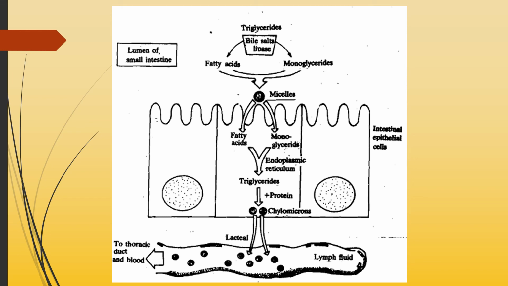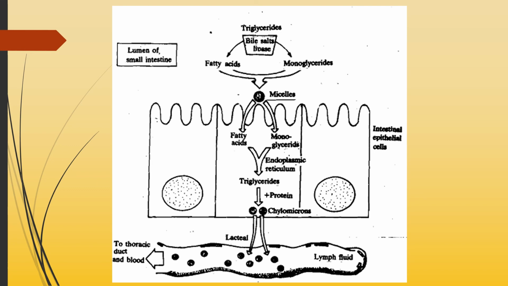Inside the mucosal cells, fatty acids and monoglycerides react to form triglycerides. The neutral fat so formed is surrounded by a coat of beta-lipoprotein to form water-soluble fine globules called chylomicrons, each about 1 millimicron in diameter.